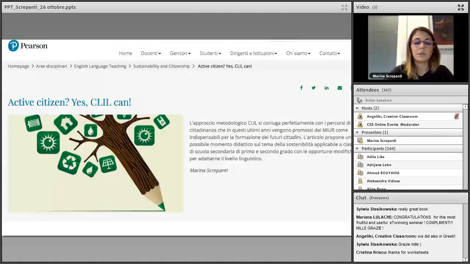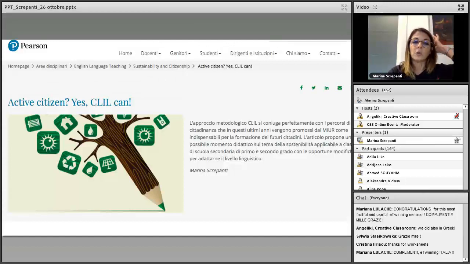Before closing this part of the presentation, I want to show you there are also other things that I wrote, obviously in Italian, but you should use Google Translate in this case.